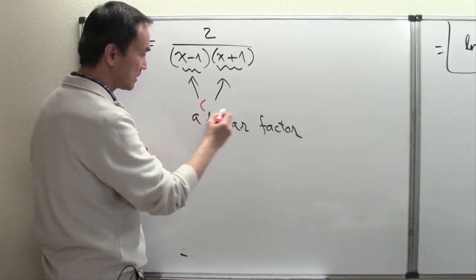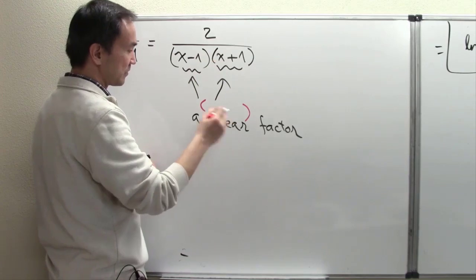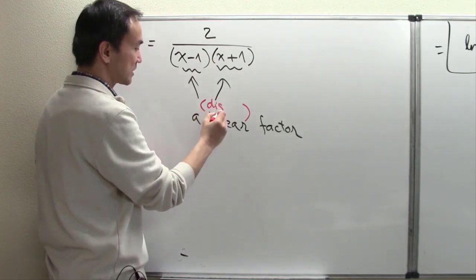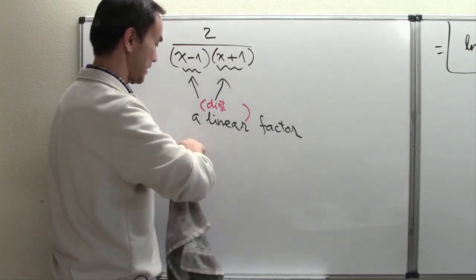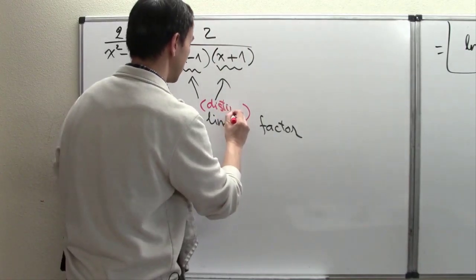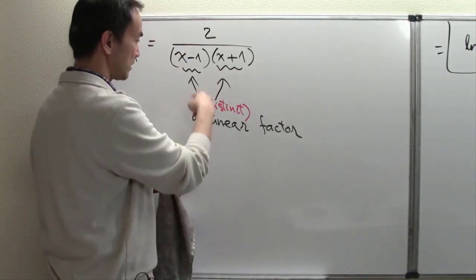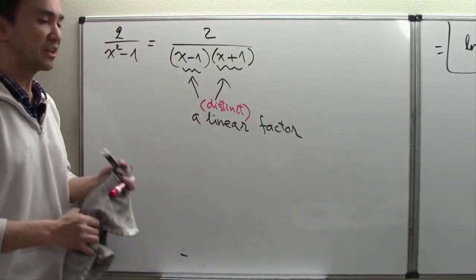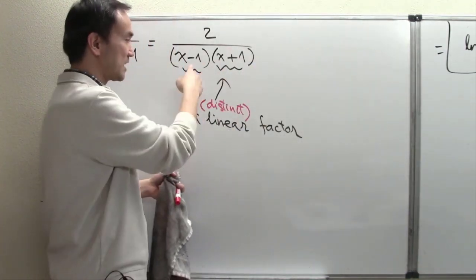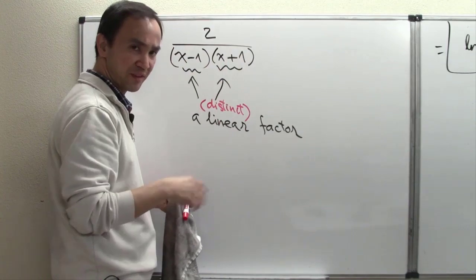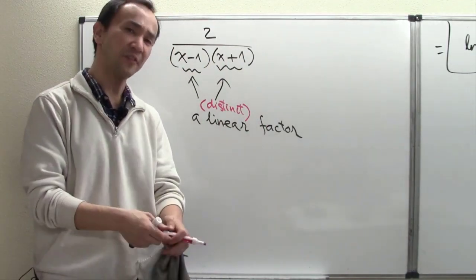But other than that, the two factors here are also distinct. Any one of these is a distinct linear factor, meaning it's not repeated with another one, or not alike with any other one. We'll get to some of the cases later on where we have repeated linear factors.